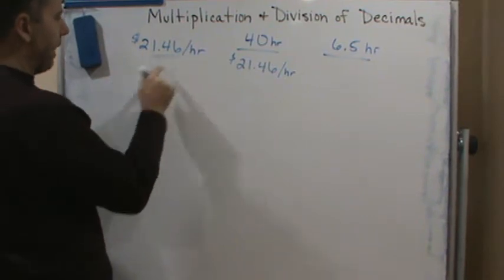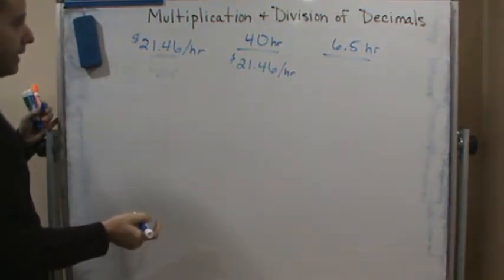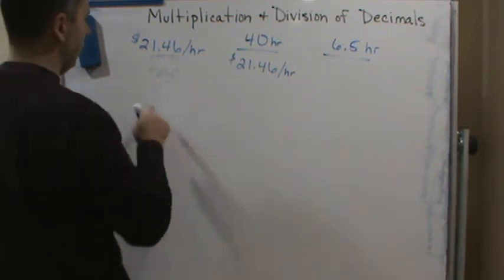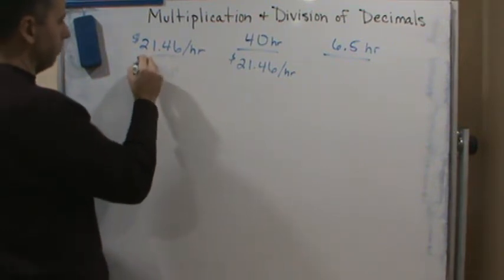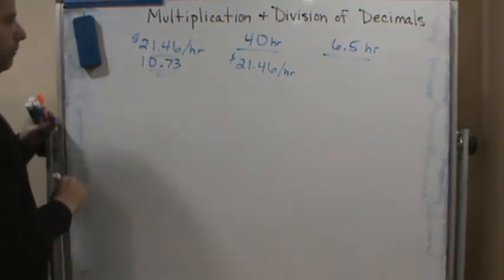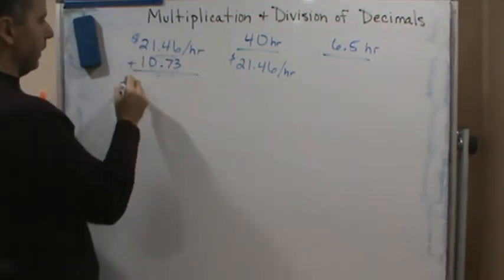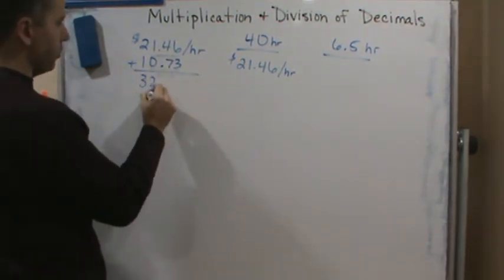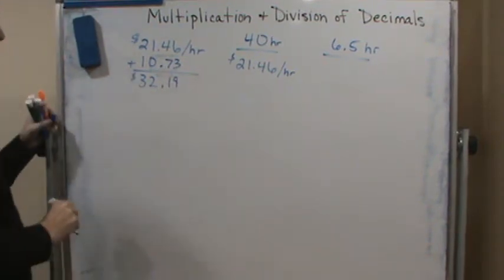So you're going to take half of this, which is $10.73, right? And then add them together and you get 32.19 is the overtime rate.